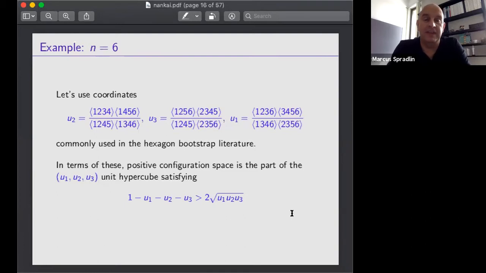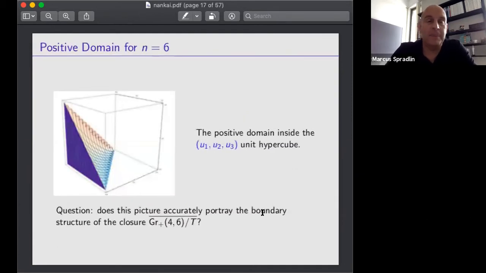Now, in terms of these, the positive configuration space is the part of the unit hypercube satisfying this rather strange looking inequality here. If we graph it, here I've shown the unit hypercube in U1, comma U2, comma U3 space.